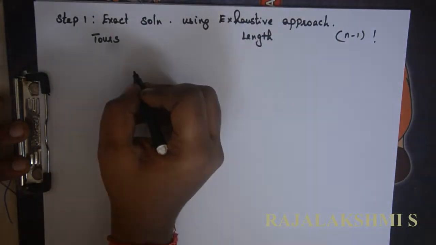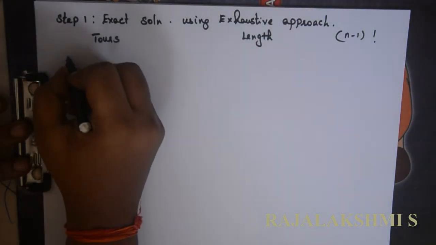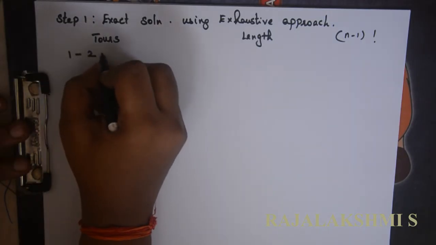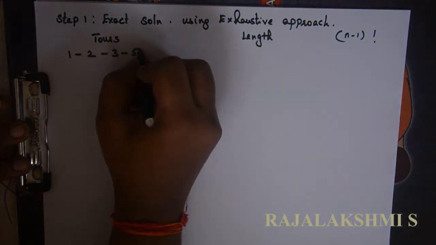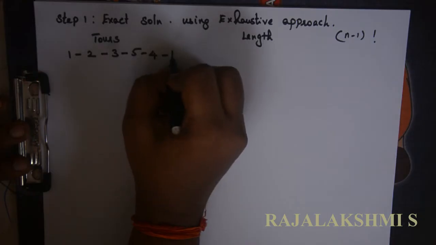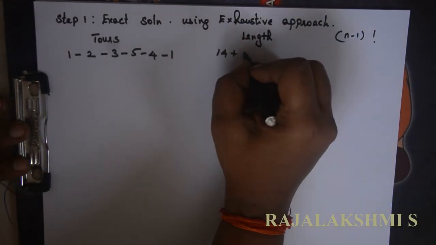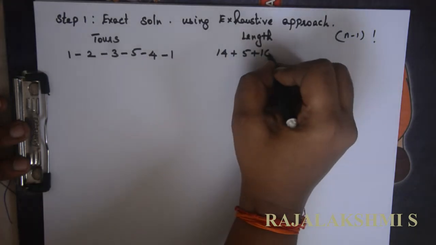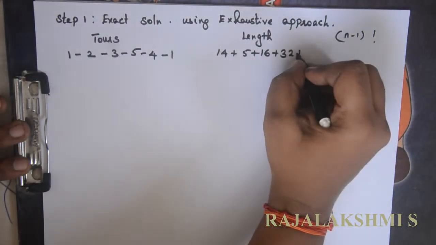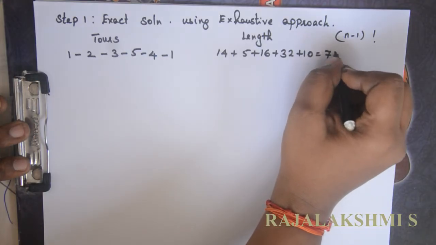From the matrix given, we will write the set of tours as 1 to 2, 2 to 3, 3 to 5, 5 to 4, 4 to 1. This is one tour and the length is 14 plus 5 plus 16 plus 32 plus 10, which is equivalent to 77.